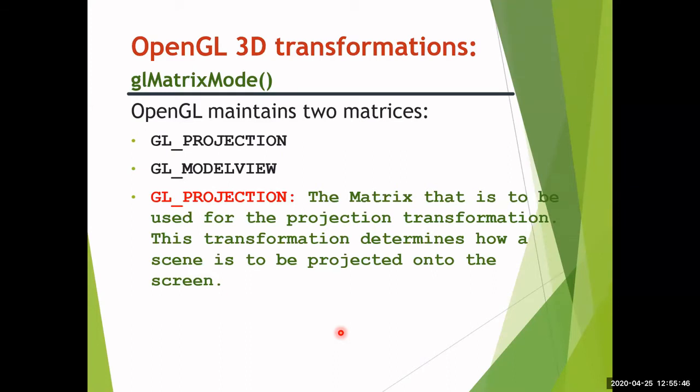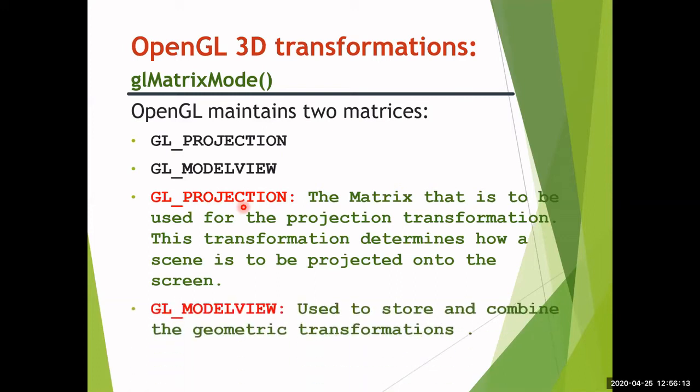All the camera related information is stored in a separate matrix, the GL_PROJECTION matrix. So before we call any of these viewing functions, that is ortho, we should say that I am keeping ready for you a projection matrix. Now you can store all your viewing functions in the projection matrix.